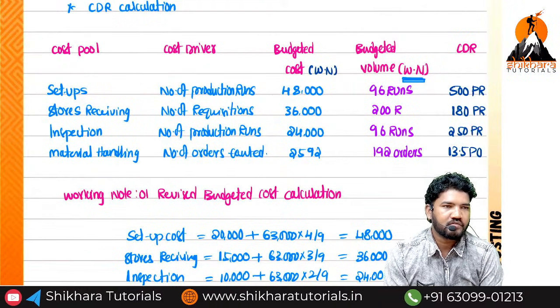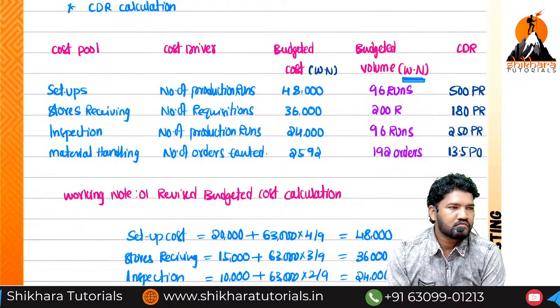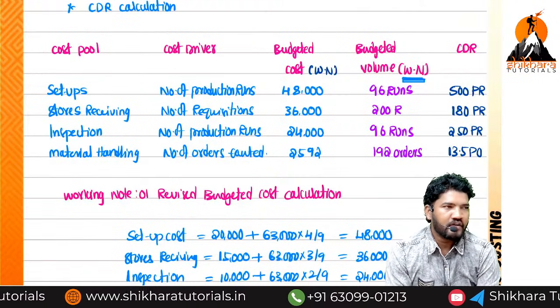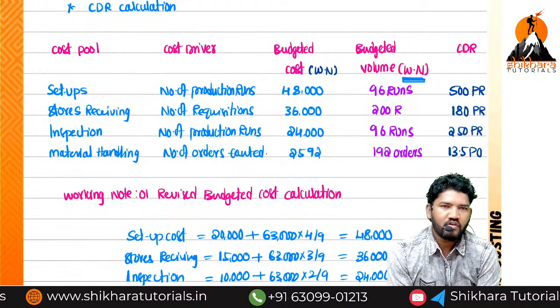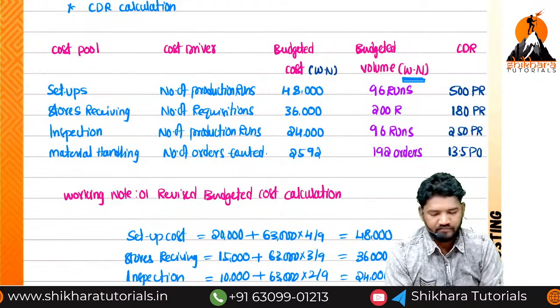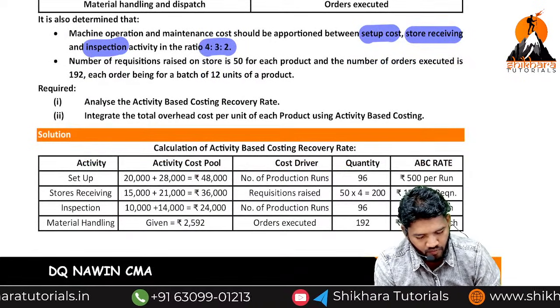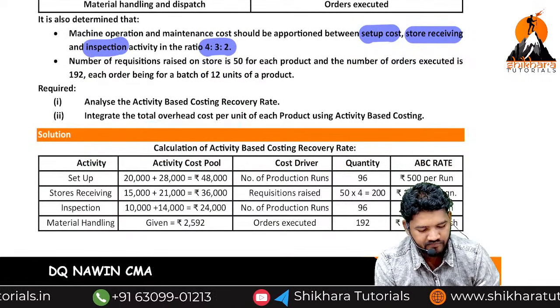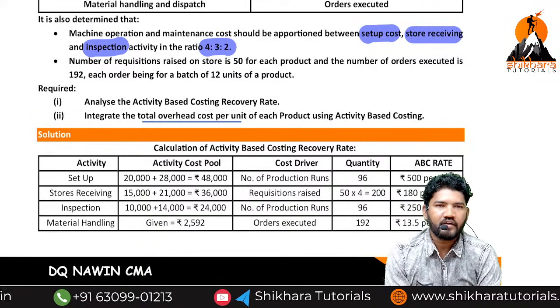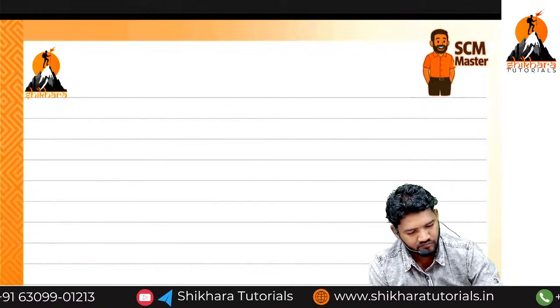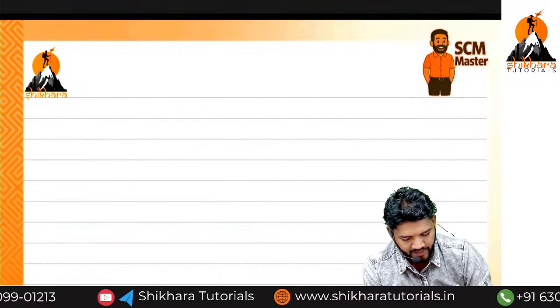Case 1 completed. What about case 2? Total cost or per unit? Total overhead cost is sufficient. Total overhead cost per unit. Are you okay? Case B, please.